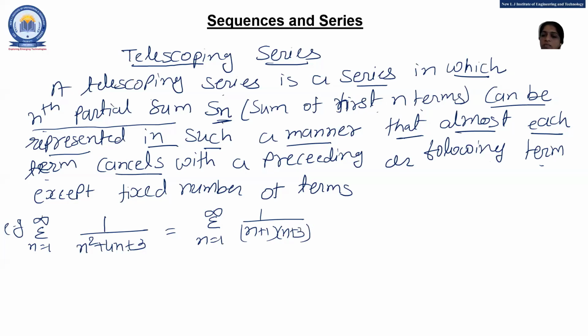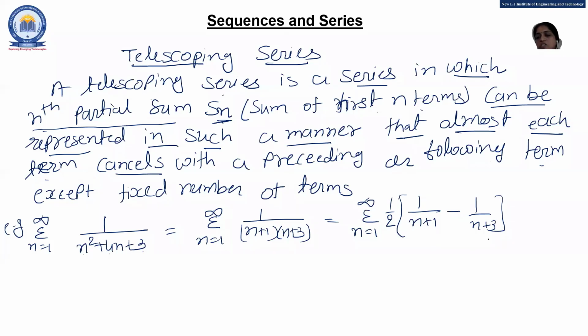Now the summation from n equals 1 to infinity, if I represent it in the form of 1 upon n plus 1, see carefully, minus 1 upon n plus 3, and if I put here 1 by 2, then also both are the same.